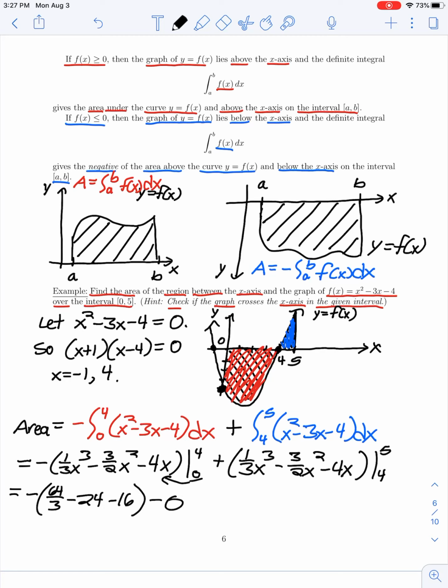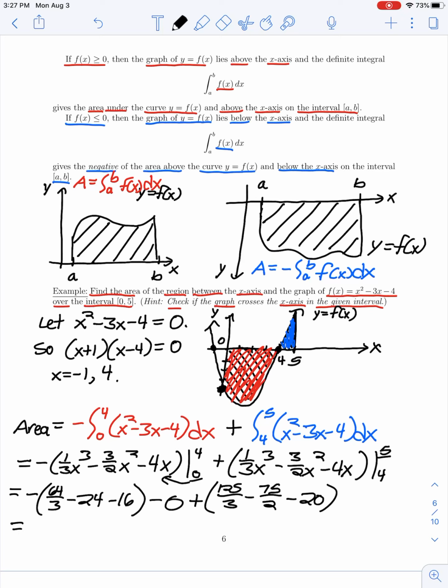Then moving to our second integral, when we substitute x equals 5 into our antiderivative, we have 5 cubed, or 125 over 3, minus 3 halves times 5 squared, or 25, would be 75 halves, and then minus 4 times 5 is 20.